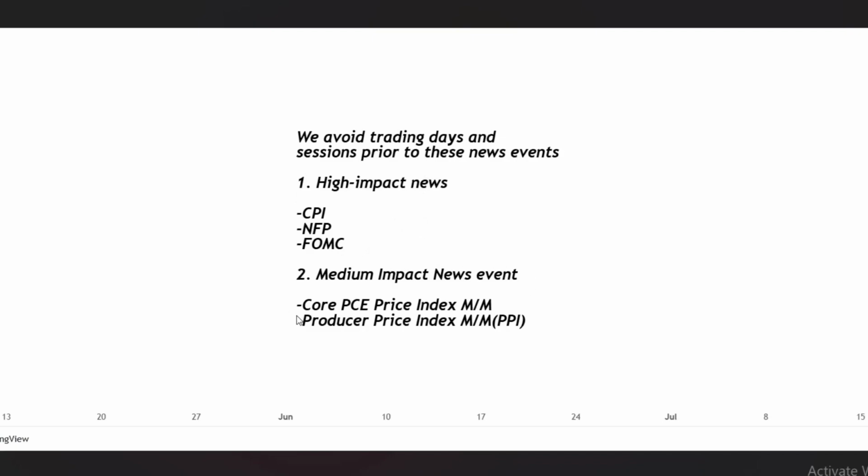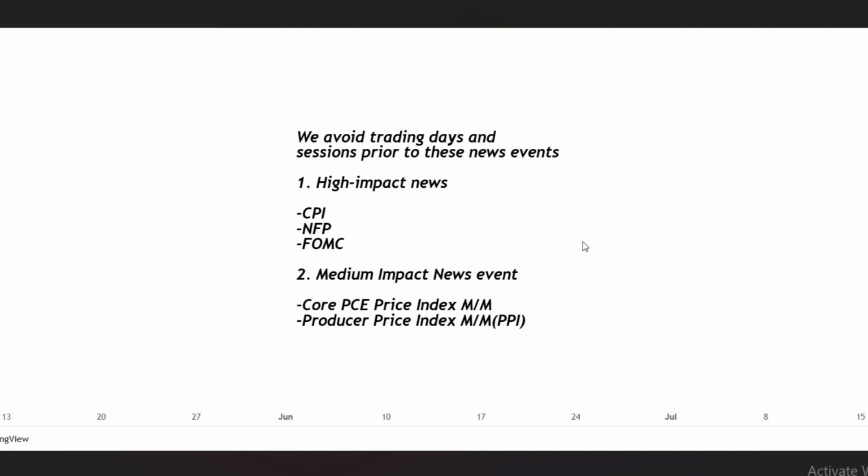Also, we will consider the medium impact news events, which are core PCE price index and producer price index. So if the London section is before this news event, we are not going to trade it, right? And if Tuesday is before this news event, you are not going to trade it, right? So these are the things you have to take notes of.